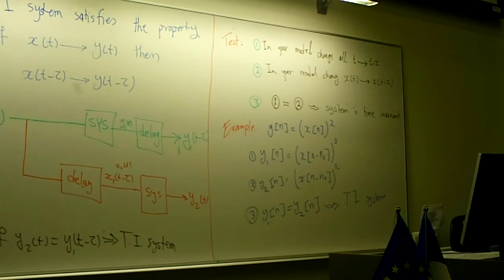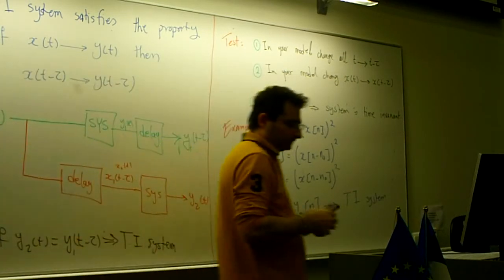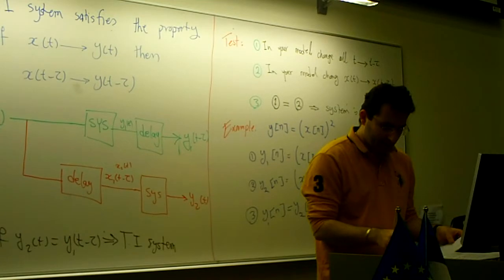Step 2, instead of x(t), I put x(t minus tau). So it will be t x(t minus tau). Step 3, are they the same? No. So we get that y1(t) is not the same as y2(t). So we have a time varying system.